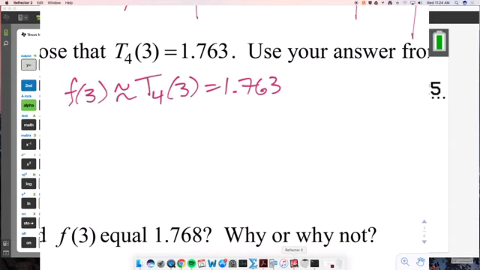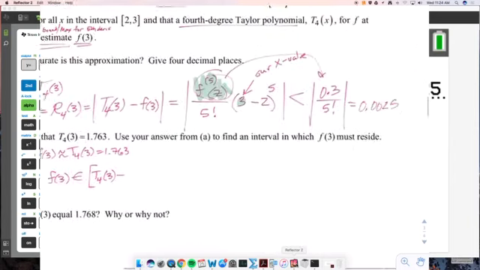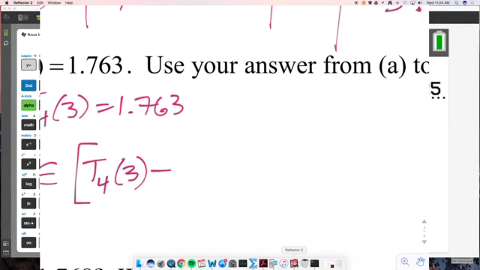So what we're going to do to get the interval, f of 3 is going to have to live somewhere between, and we'll put brackets here to include them, the polynomial approximation minus the number we found up here, 0.0025.